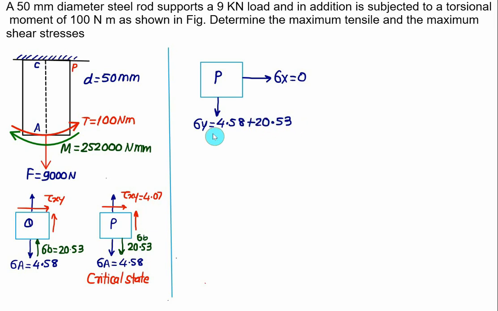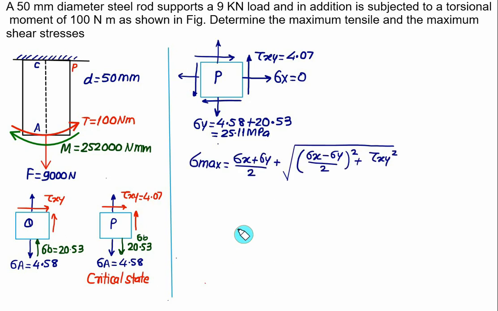Together this value will be equal to 25.11 megapascal. And one shear stress you have to show, that is equal to tau xy, and the value of tau xy is 4.07. In this fashion the state of stress is developed. Other two stresses we can show like this. So this one is the balanced state of stress.